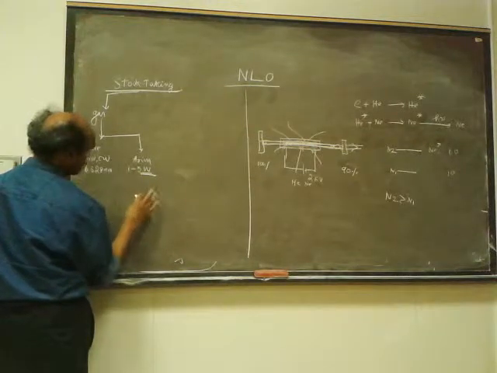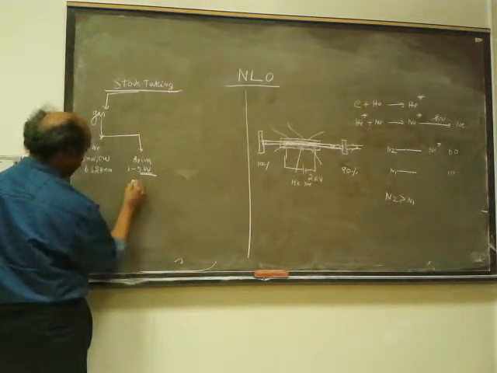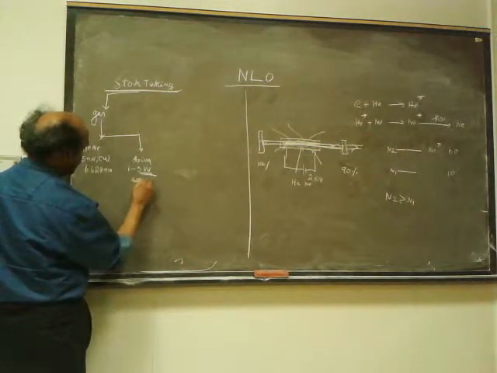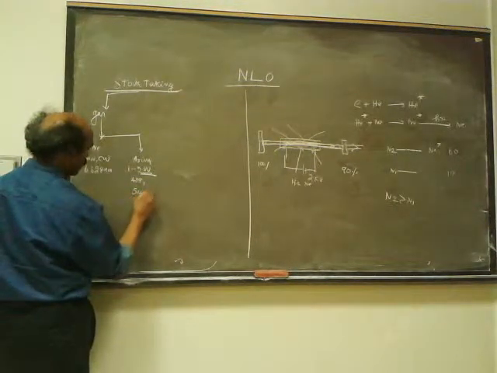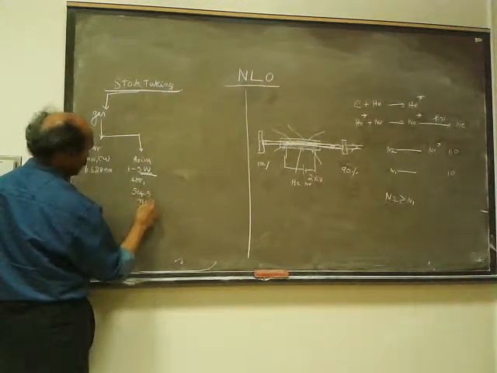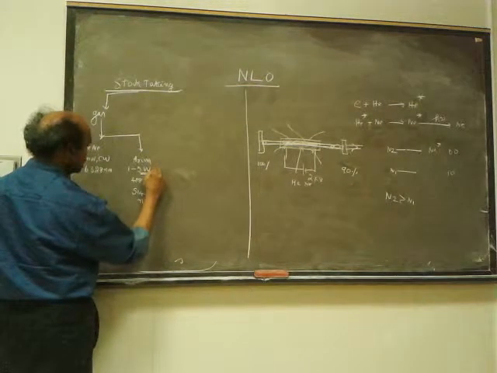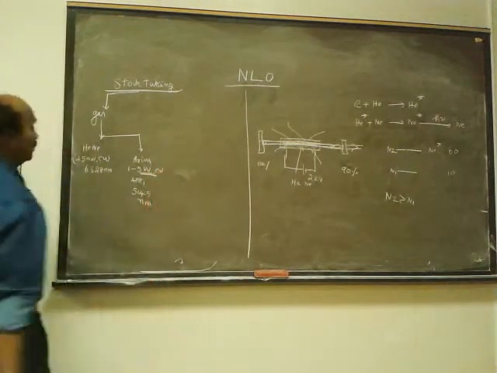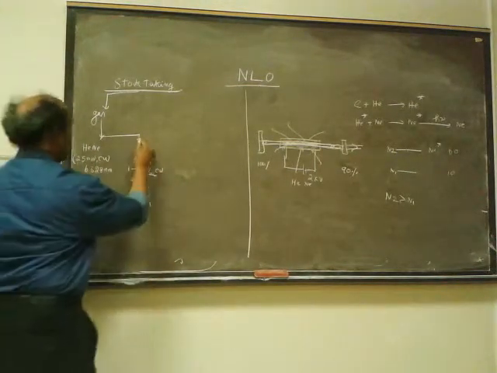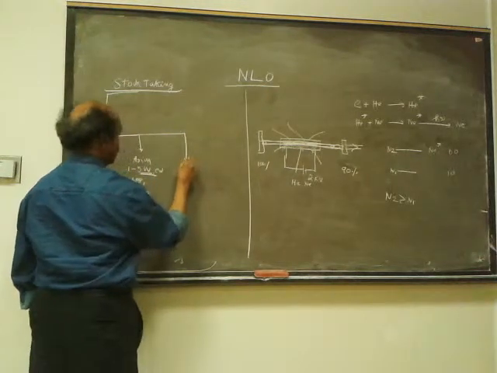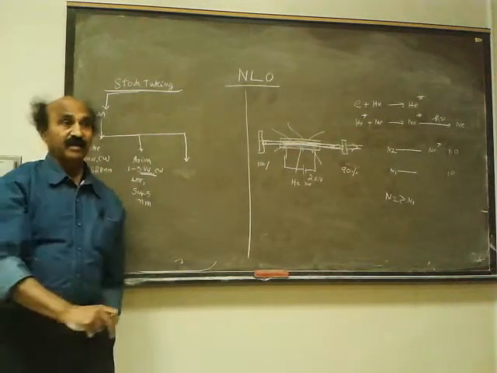This produces many lines. The most important lines are 488 and 514.5 nanometer. And remember, this is again CW. Next, this argon ion laser is that one.